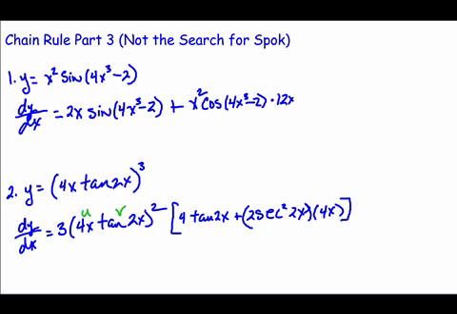So let's see another example here. This time, we're going to make it a quotient rule question. Okay, notice here we have a quotient rule, but we also have chain rule.